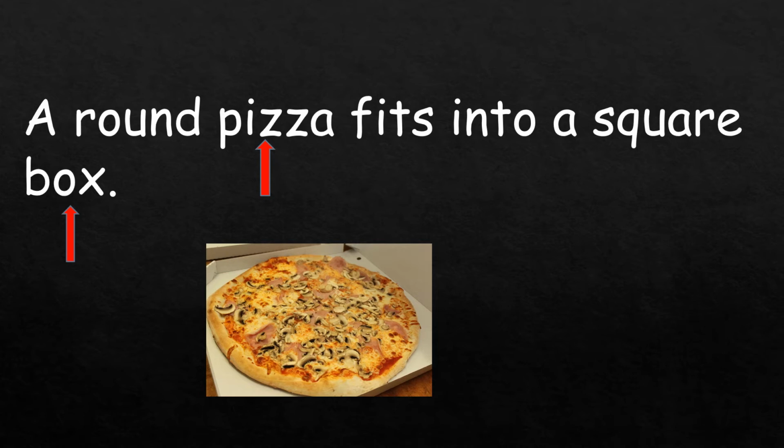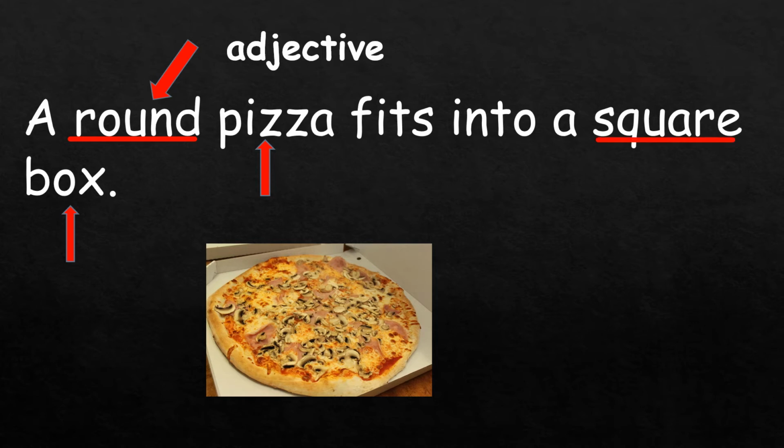But in this sentence, square is not a noun. So let us look at the sentence. A round pizza. The word round describes the pizza. So round is an adjective. Fits into a square box. The word square in this case describes the box. Therefore, square is an adjective.